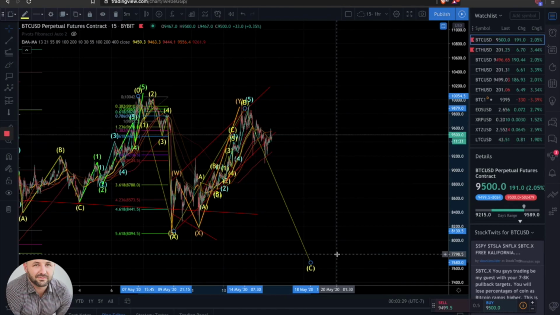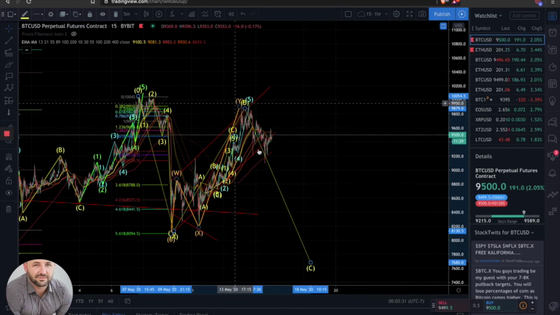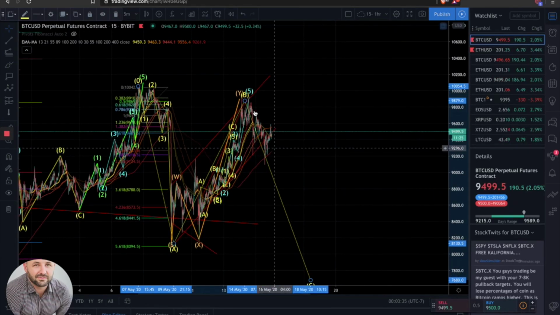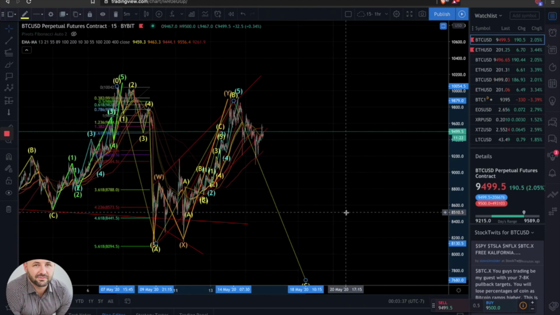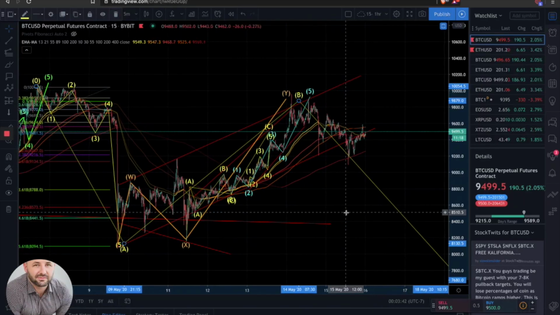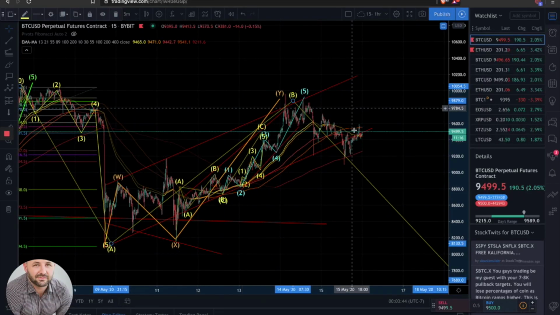Or ultimately we'll carry back down to get us back into the $6,000 range if it is ultimately an impulsive wave.